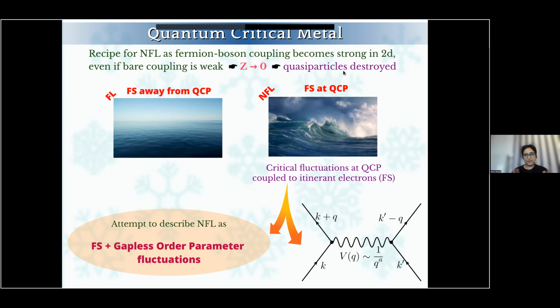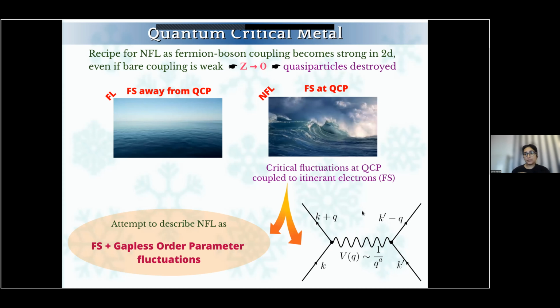Now, intuitively, we can think of this picture: when we are considering the Fermi surface much away from the quantum critical point, it looks like a calm sea. But as we are approaching the quantum critical point, it undergoes violent fluctuations, so that it looks like a violent and stormy sea. Basically, what is happening is that the critical fluctuations at the quantum critical point are coming from the boson that is coupling to the itinerant electrons on the Fermi surface.